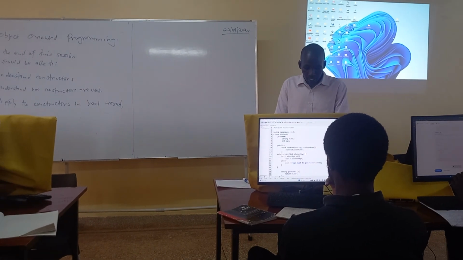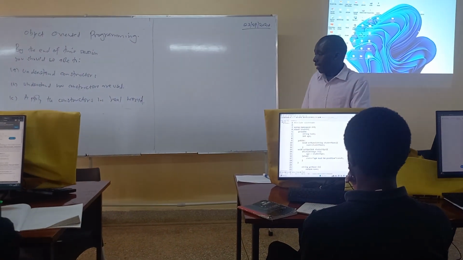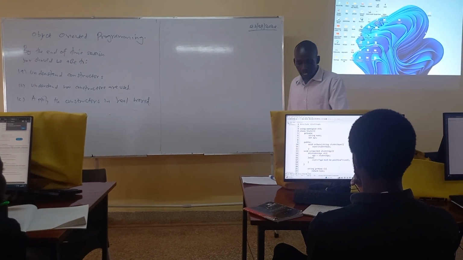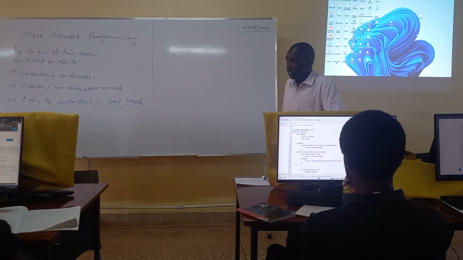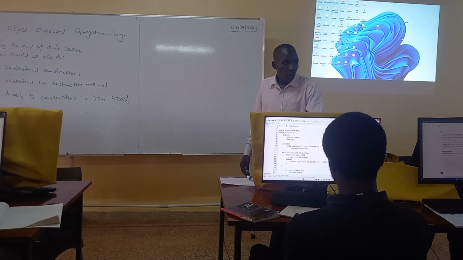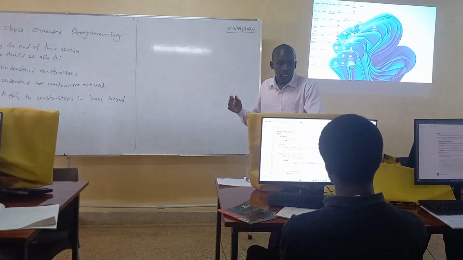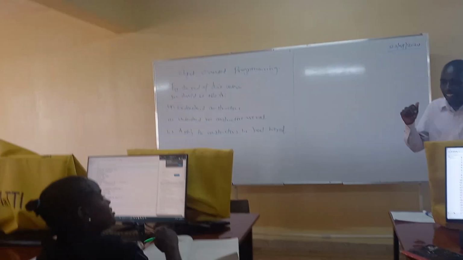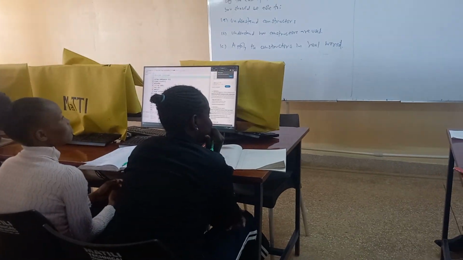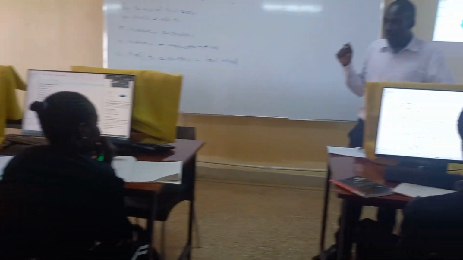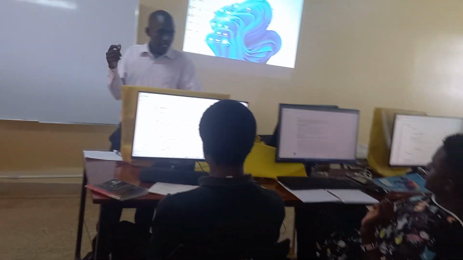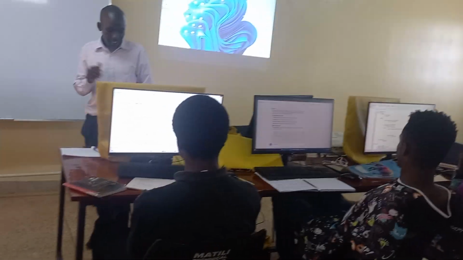And again, we agree that in C++ we have four main pillars. We have encapsulation, inheritance, abstraction, and polymorphism.